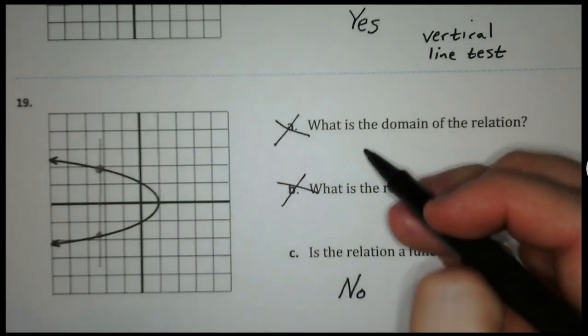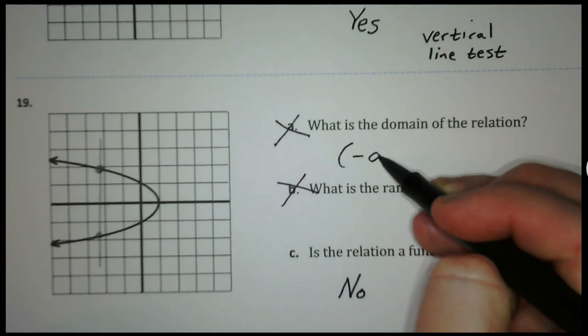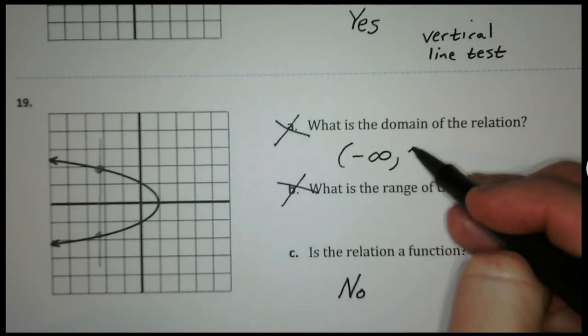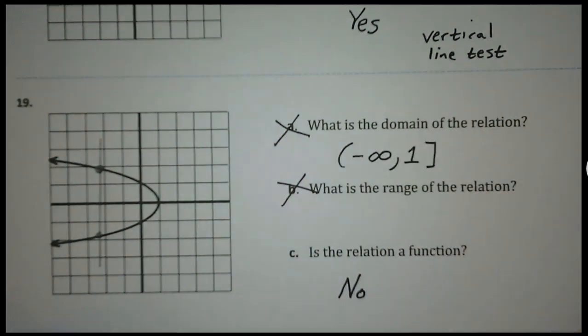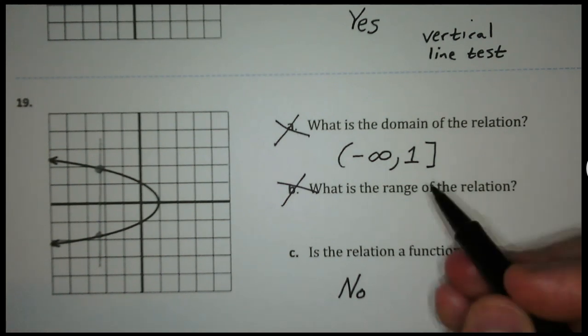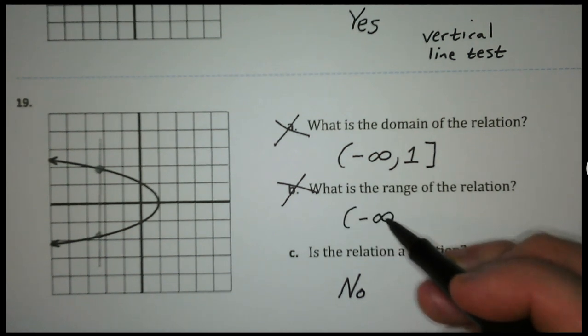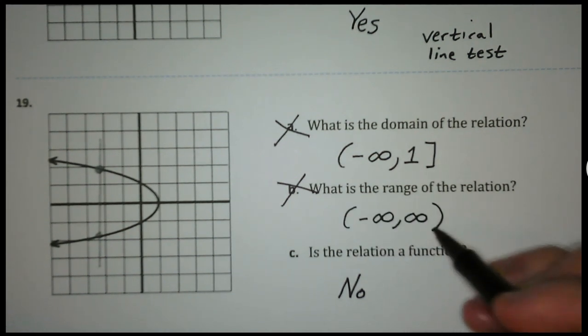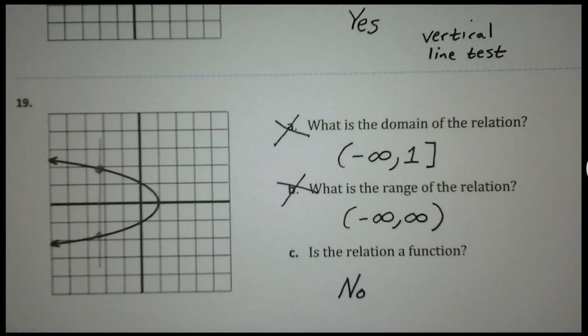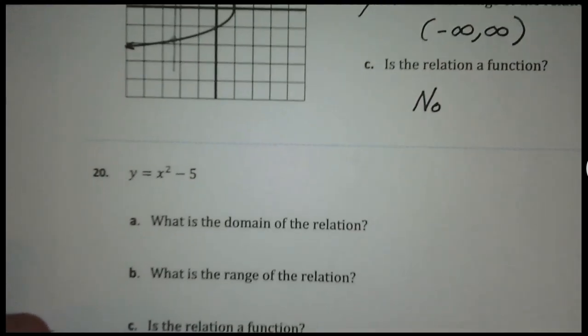For this one's domain, this would have been negative infinity to 1. In other words, all x less than or equal to 1. The range of this relation is basically all real numbers from negative infinity to positive infinity.